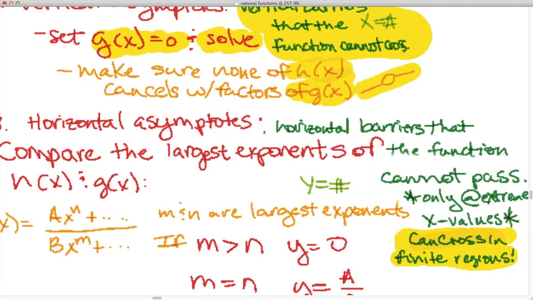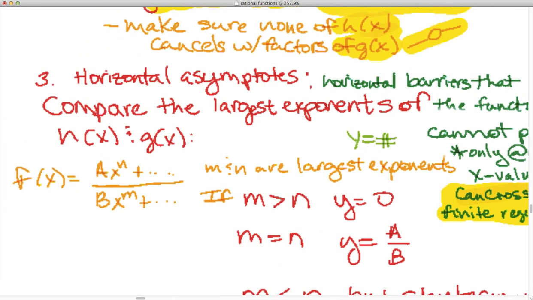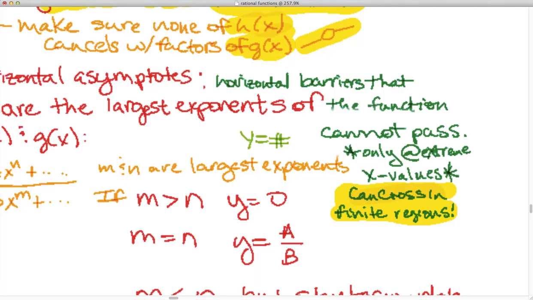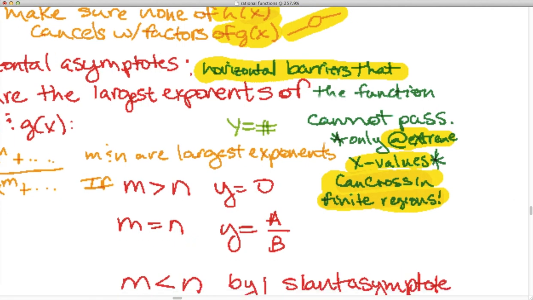And I'll show you an example of that in my example videos. So again, you cannot pass at the extreme x values. The only time you can cross a horizontal asymptote is if we're in the finite regions. But as x gets really, really large or really, really small, then the asymptote comes into play.